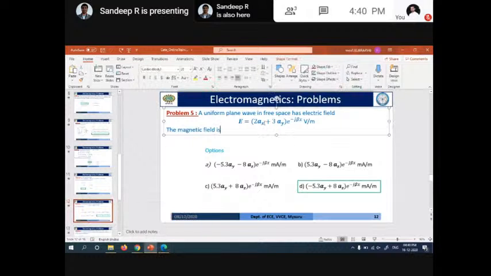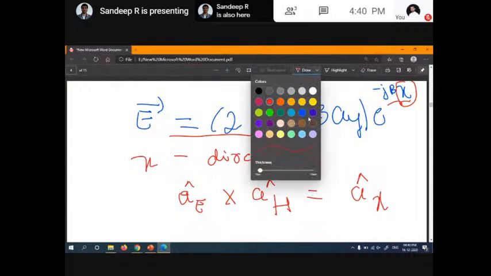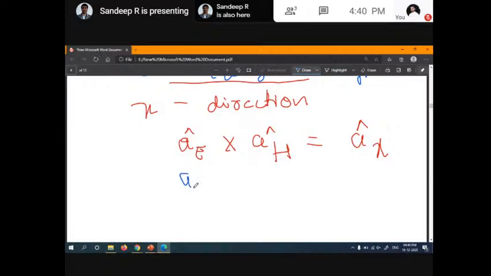So this is AZ. Two AZ plus 3AY e power minus j beta x. So from the first case, AZ cross product AH should result in AX cap.